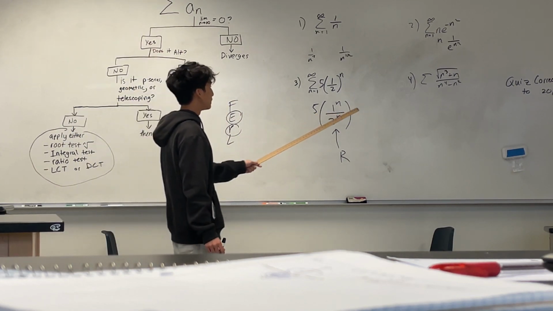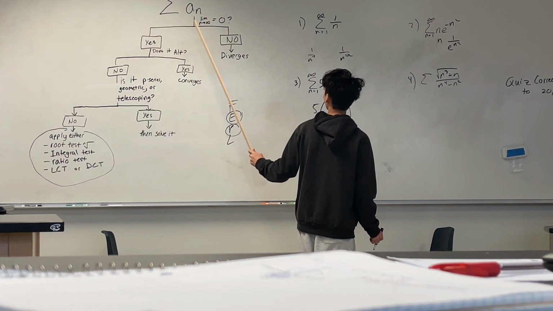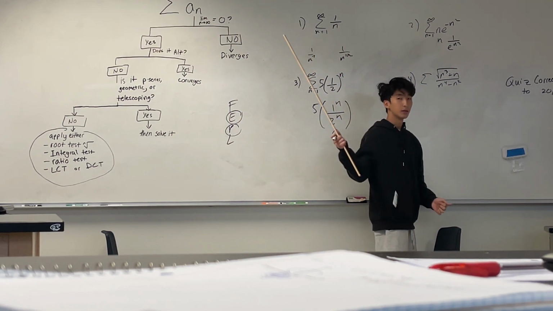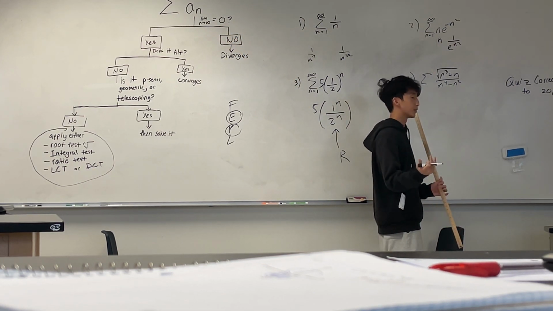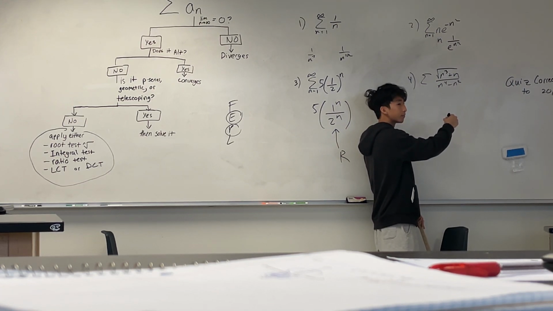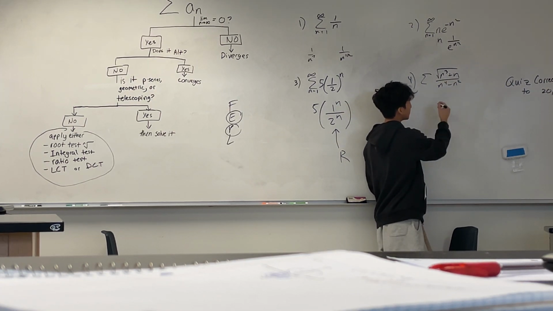And over here, lastly, this problem. Does the limit as n approaches infinity equal 0? When we evaluate limits at infinity, we look at the largest exponent, right? What's the largest exponent on the top? A lot of people would think it's 3, but it's 3 over 2, right?